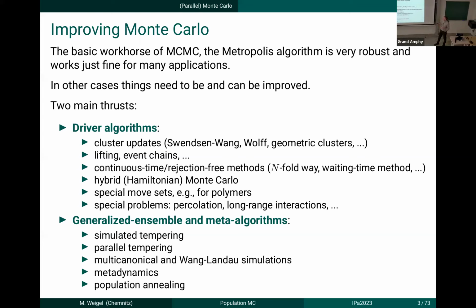We will be hearing about lifting and event chains and things like that today. That's another type of driver algorithm that goes away from the reversible detailed balance type of behavior, diffusive type of behavior that is implemented in the Metropolis approach, to something that is at least partially non-reversible, and by that means hopes to speed up the simulation.